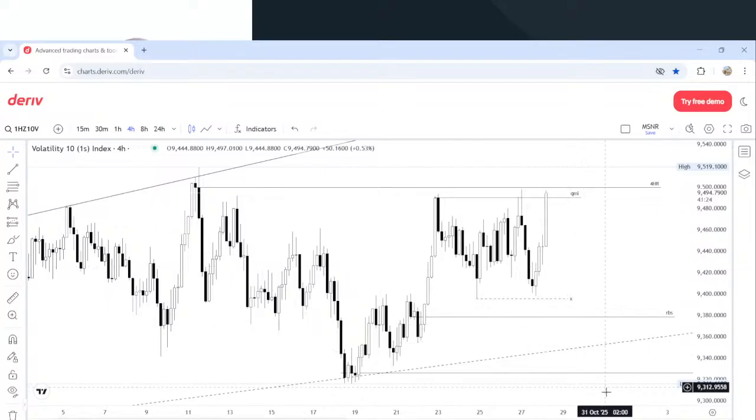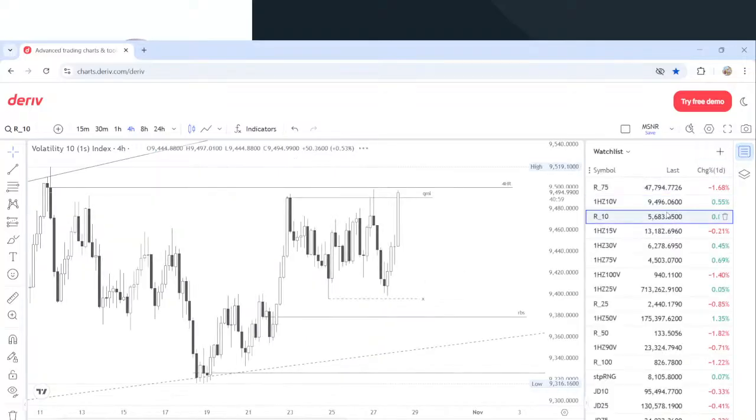It's gonna go down all the way, or yeah. So this is it. This QML will no longer be valid for us. This is what we are looking for the market to react. All right, that's it for V10s.